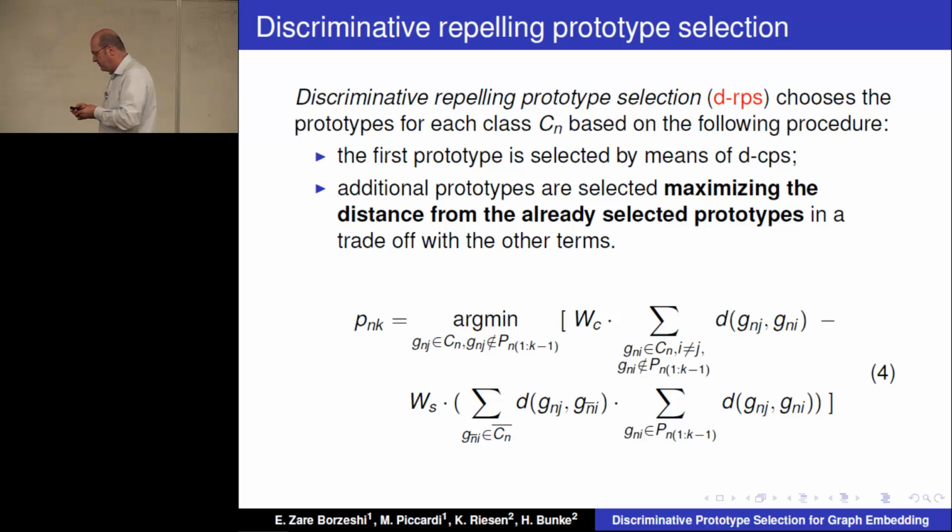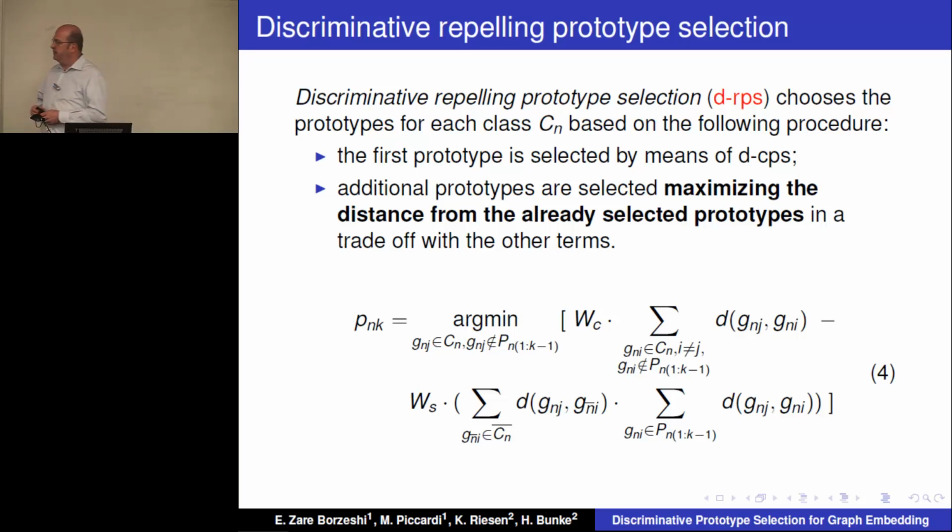And this is given by this term here. This is the edit term. As you see, this term sums distances that run over the prototypes selected up to k-1, the prototypes selected up to now. We try to maximize the distances from them to scatter the prototypes chosen for that class.